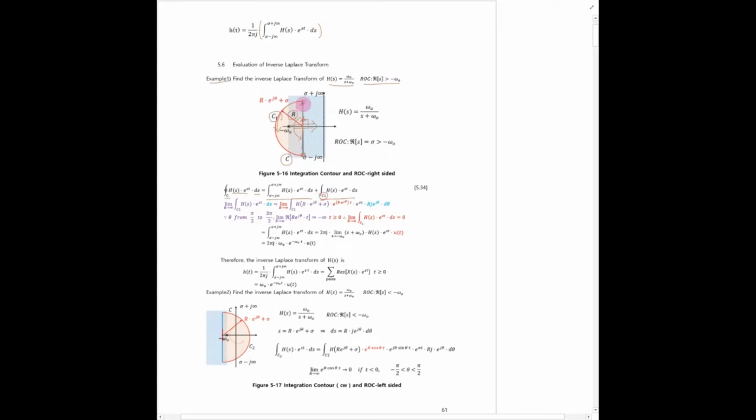To find this segment integration, we let s equal r e to the j theta plus sigma. If we follow this path, then s should be given like that. It should follow the circular path.